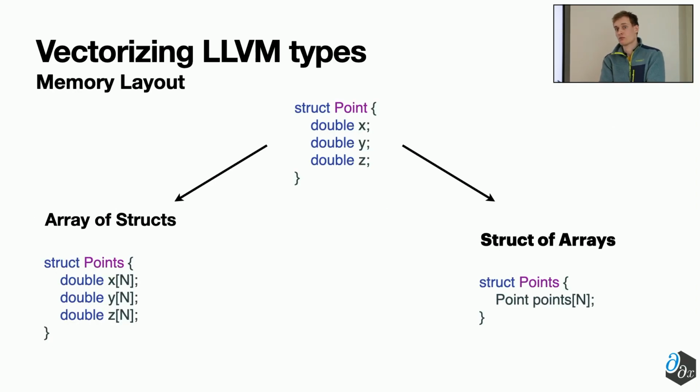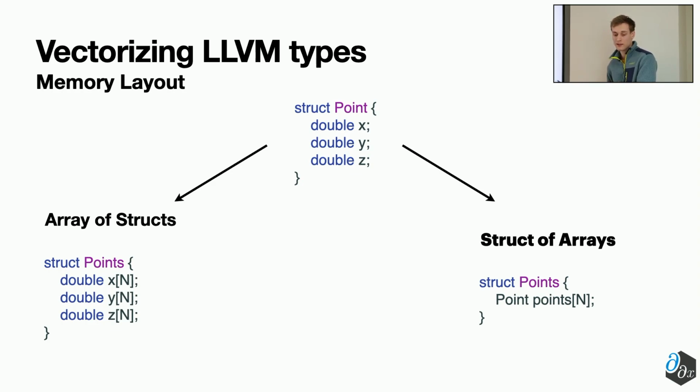So when we want to vectorize LLVM types, we have a problem that is related to the array of structs versus struct of arrays problem. If we imagine we have a point which has an x, y, and z coordinate, and we want to vectorize that, there are two ways we can do that.